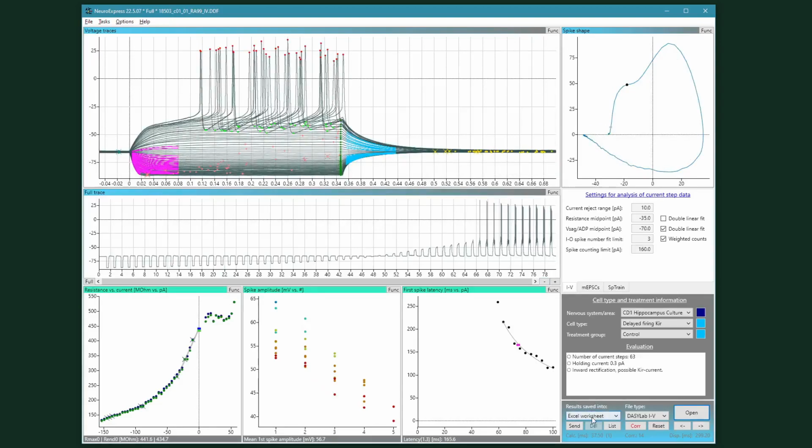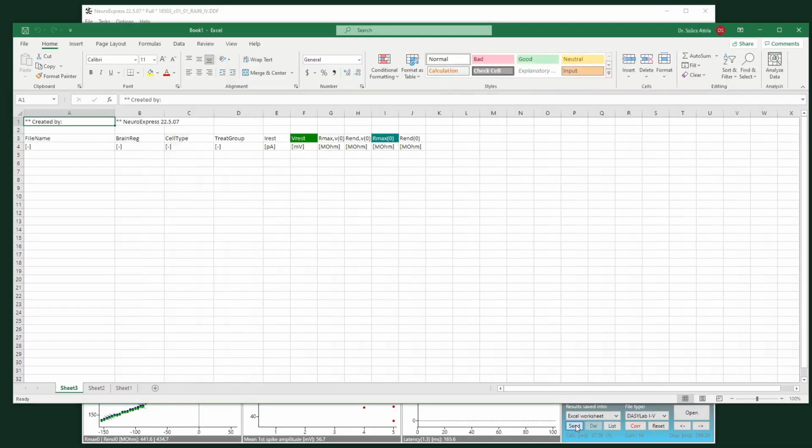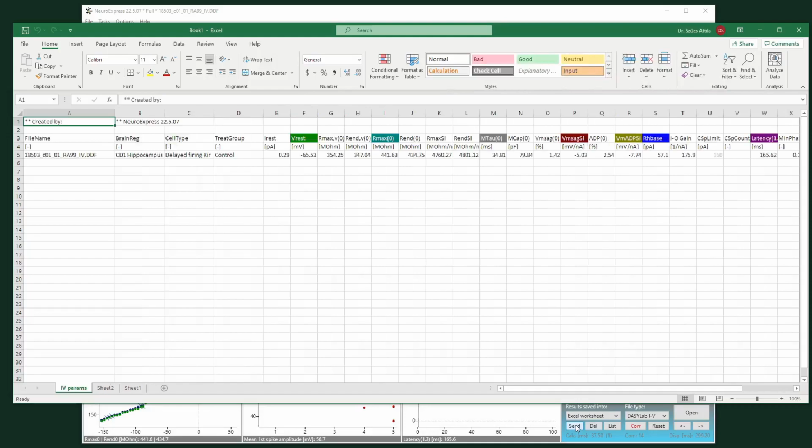Results can be saved into an Excel worksheet if you have Excel installed in your computer, or into a comma-separated values file, which is compatible with Excel, or just a tab-separated text file. I usually save my data in an Excel worksheet. To do that, you simply click on the Send button, and an Excel worksheet will show up, and it will show all these calculated parameters like here.